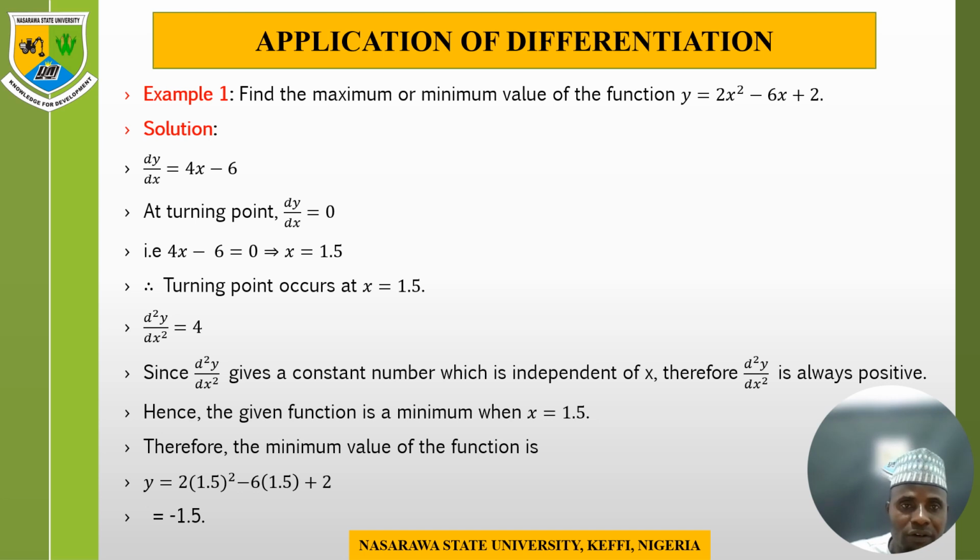Take for instance example 1: find the maximum or the minimum value of the function y equals 2x squared minus 6x plus 2. As we mentioned earlier, we first of all differentiate the particular function given.